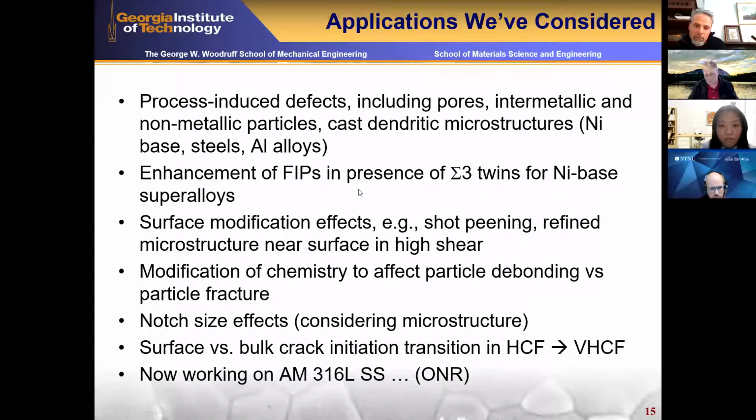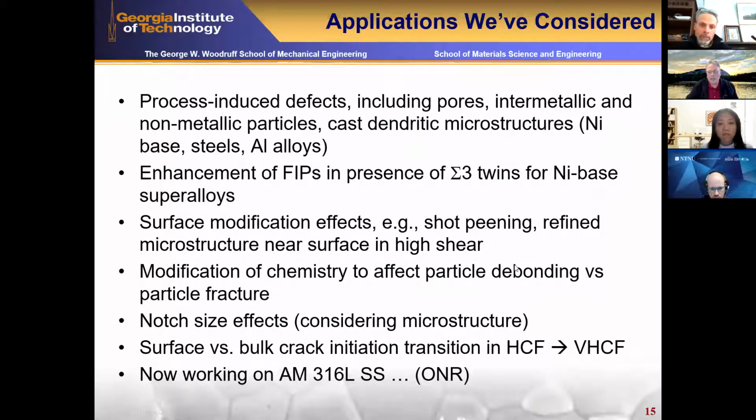We've looked at the observed enhancement of fatigue crack formation in the presence of sigma-3 twins in nickel-based superalloys. And that comes out naturally as an interplay between the intensification of slip due to the elastic anisotropy associated with the twin and the standoff distance interaction from the twin.